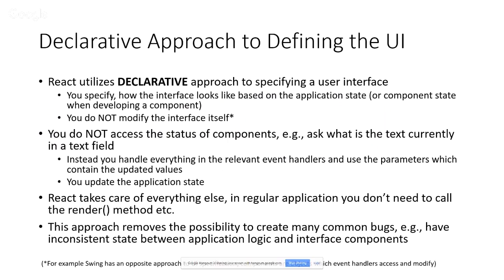So you should never try to change the interface. You just have the render method which tells how the interface should look like depending on the state and the parameters received. And then React takes care of calling the render methods and then displays that thing.